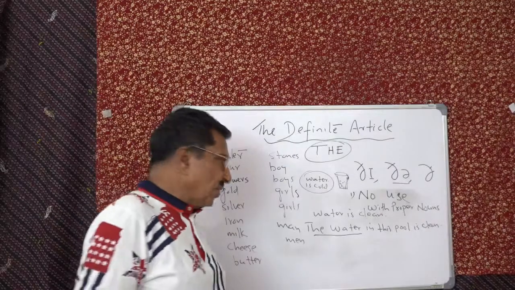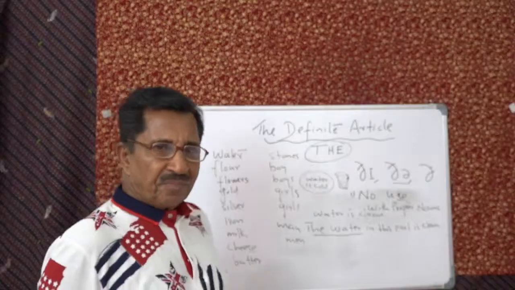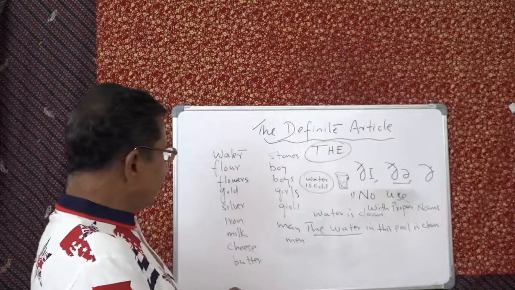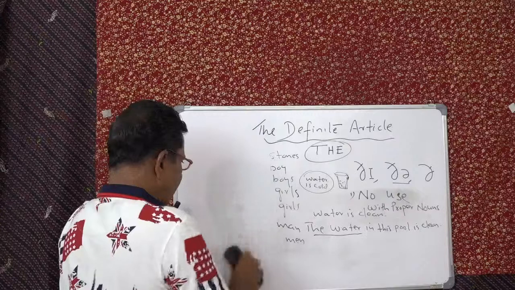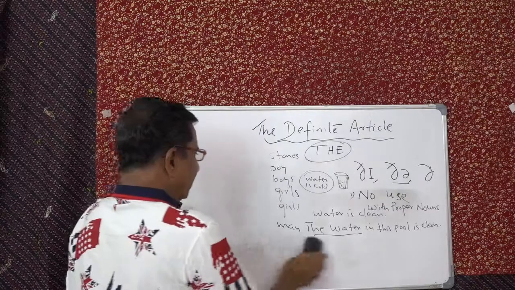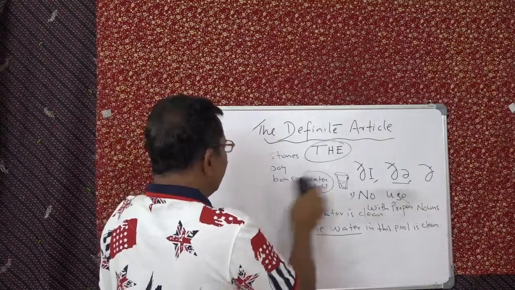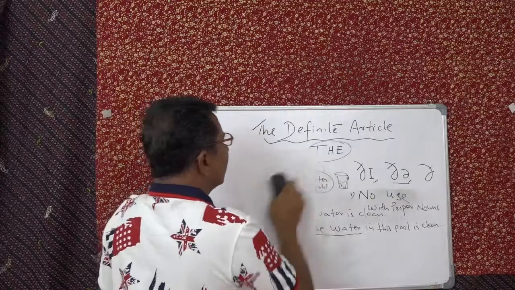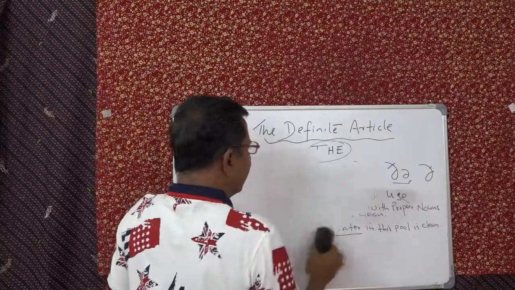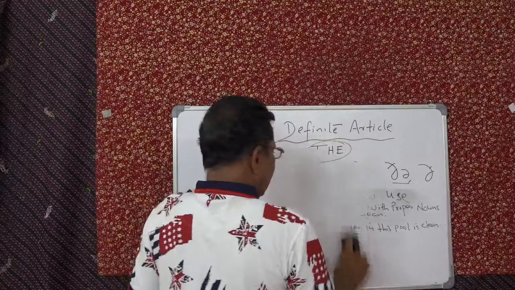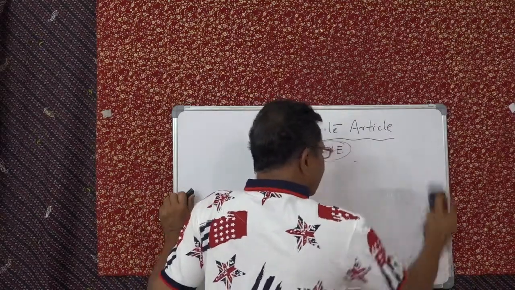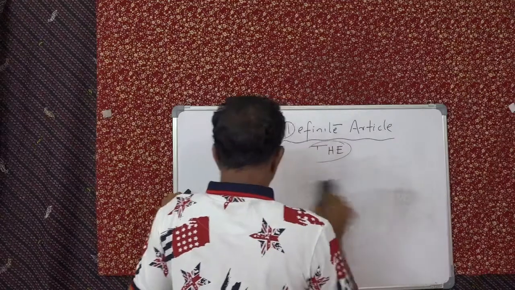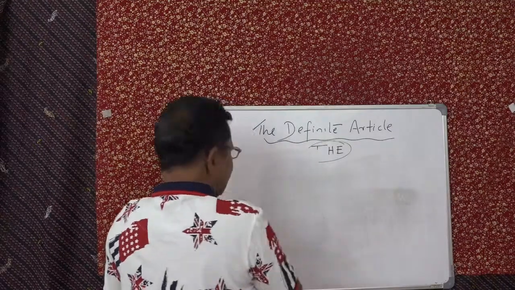It depends on your meaning. So that is the second point to remember about the use of definite article the. So first point is, we have seen, first is a no, isn't it? Second is yes.